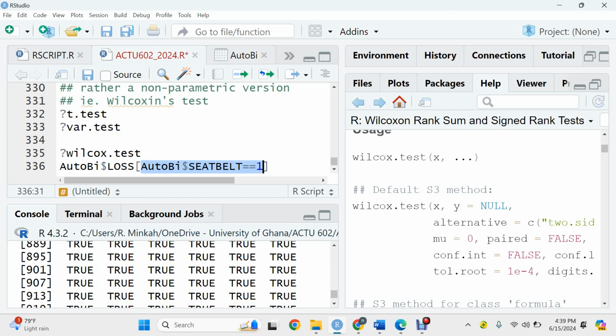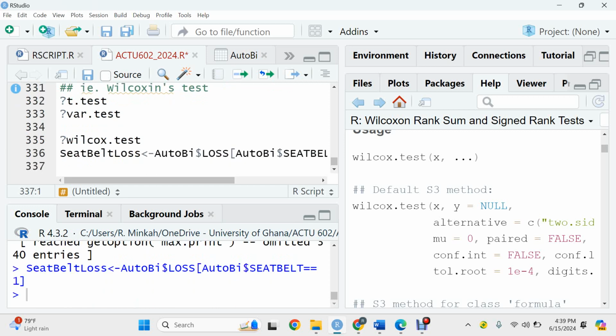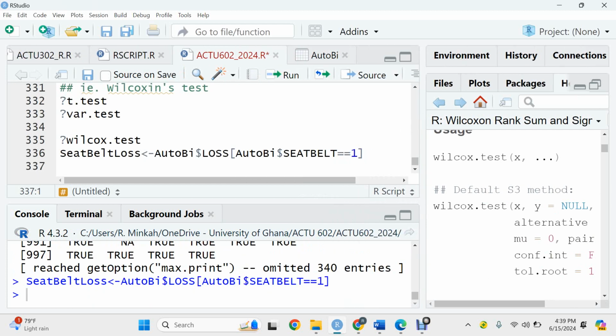Okay. So now let me say seatbelt laws. Will be this. Then I can copy the same thing and negate it. If you want to negate, you just put an exclamation sign. No seat belt laws.